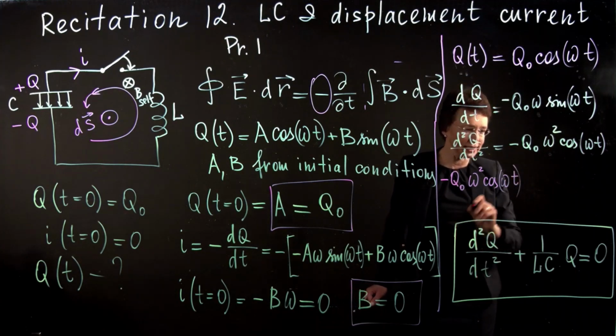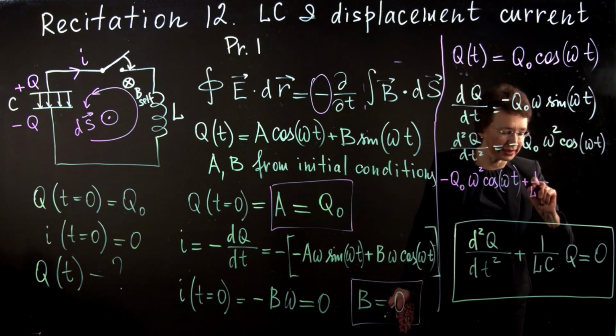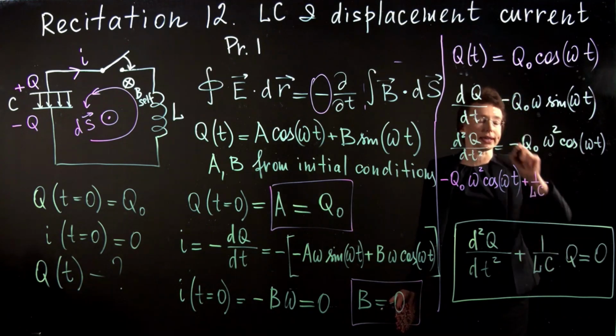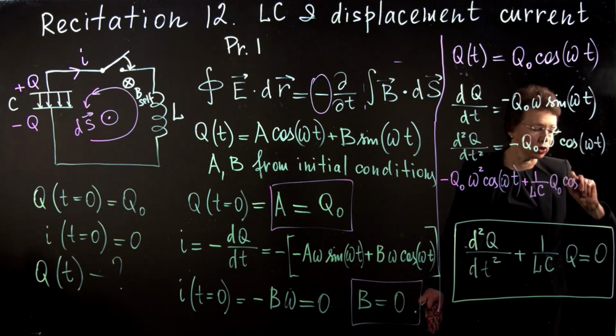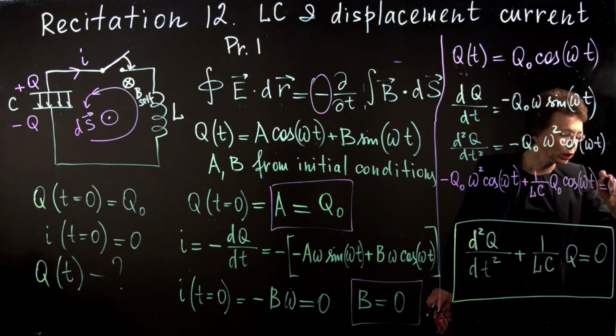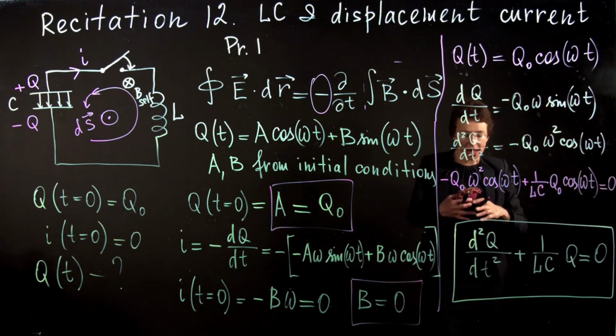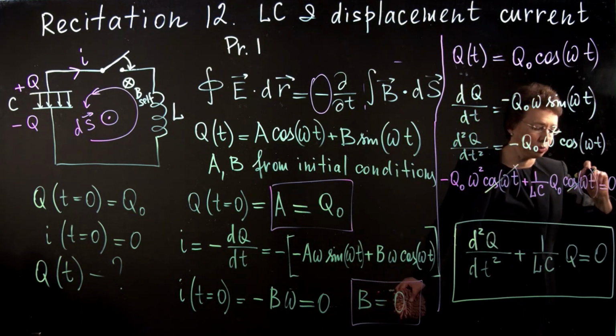This is d²q/dt², plus 1/(LC) Q, Q is Q naught cosine omega t, and this is equal to 0. Now I divide both sides of this equation by cosine omega t.